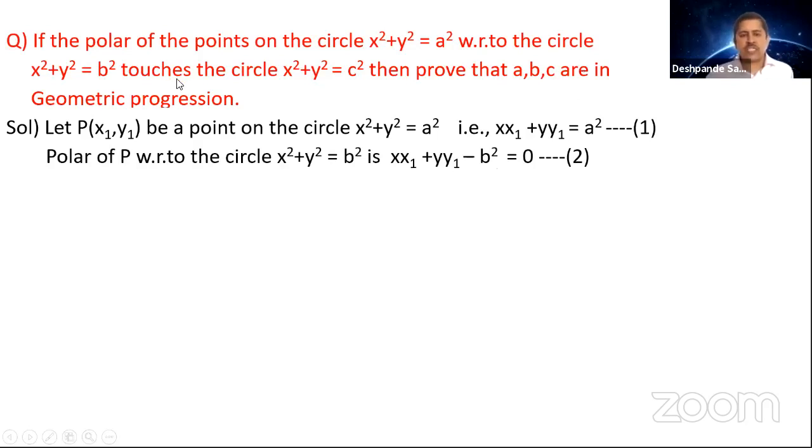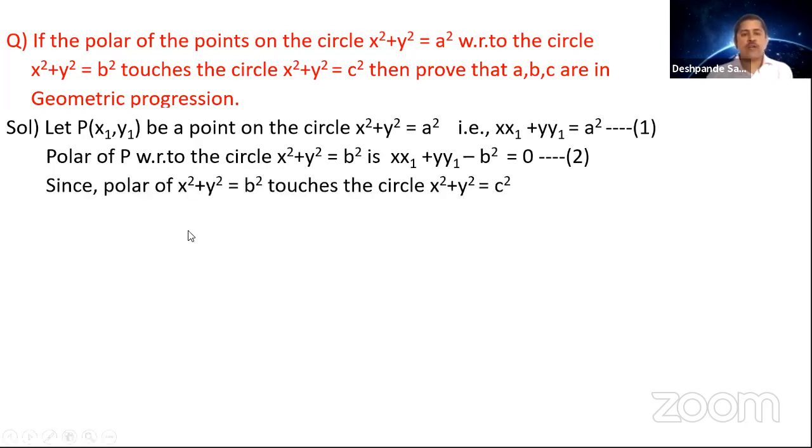Now see the third condition. This is going to touch the circle x square plus y square is equal to c square. So this polar line which you have got is going to touch the third circle. So what is the condition that any line touches the circle? Remember, the radius is equal to the perpendicular distance from the center.